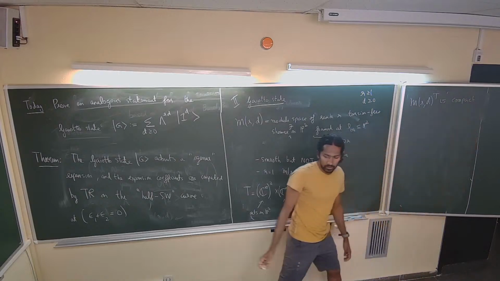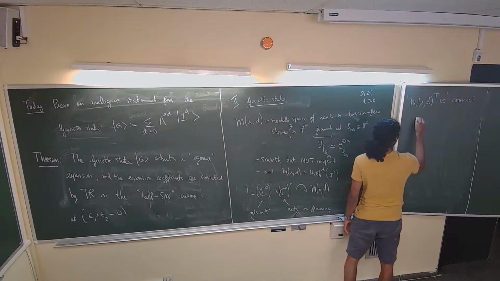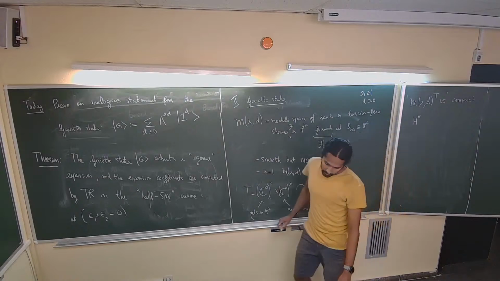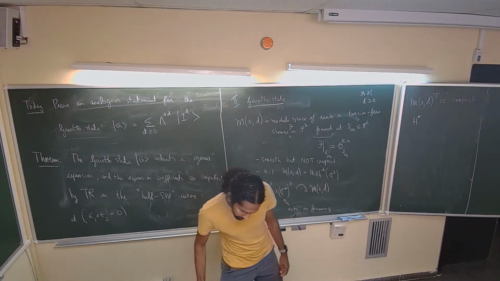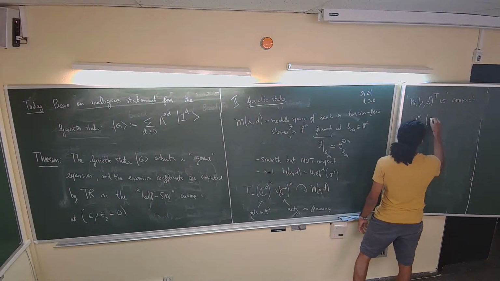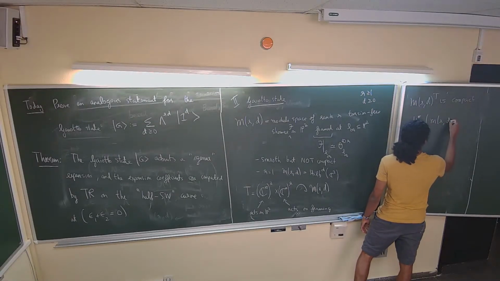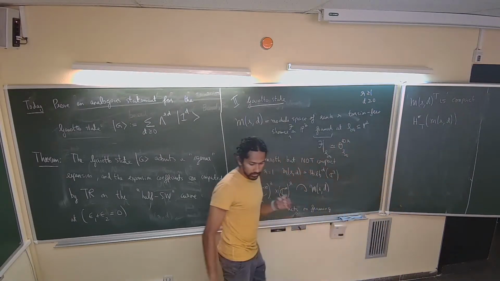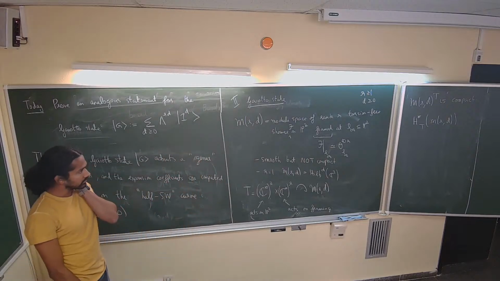So we'll work with the equivariant cohomology. This is the torus equivariant cohomology.